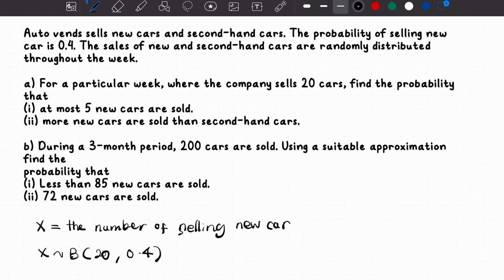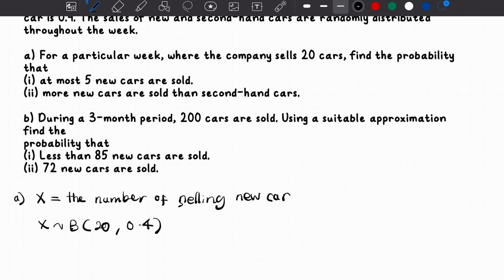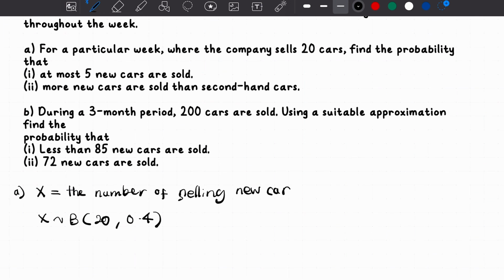Now, at most 5. Find the probability that at most 5 new cars are sold, which means the probability of X less than or equal to 5.